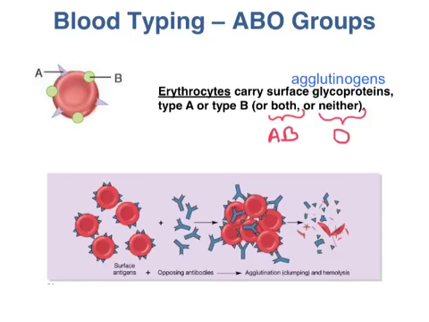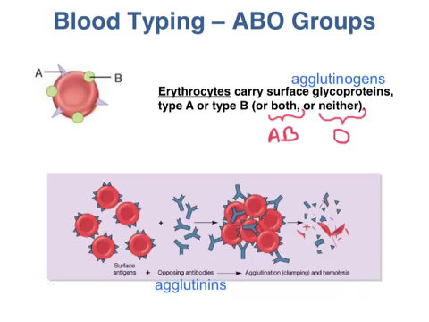Now, these agglutinogens, these surface antigens on your red blood cells, are problematic because your blood also carries preformed antibodies that recognize all blood types that your own red blood cells don't have. These preformed antibodies are sometimes called agglutinins.